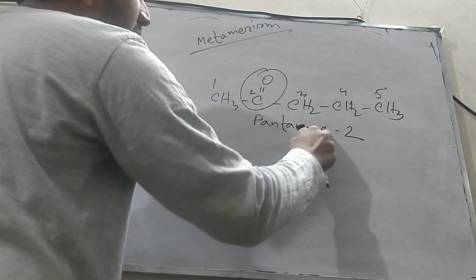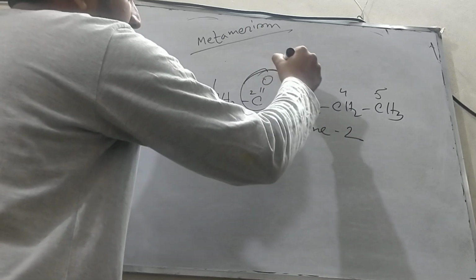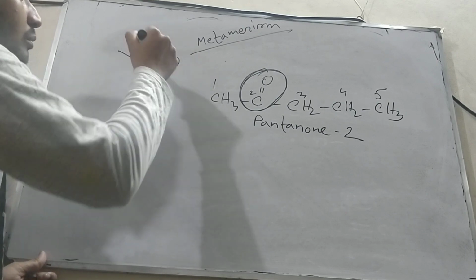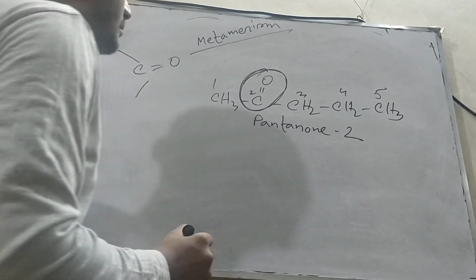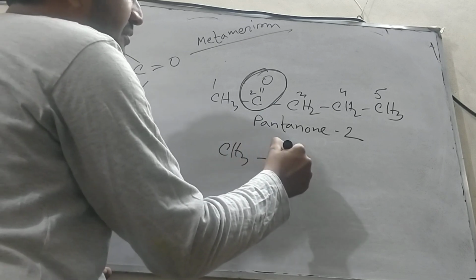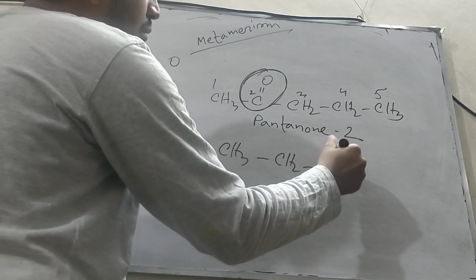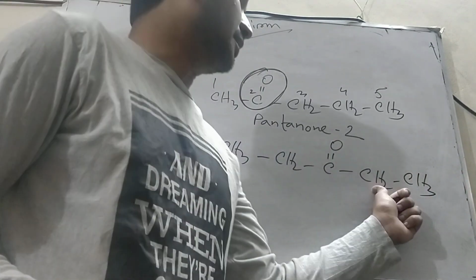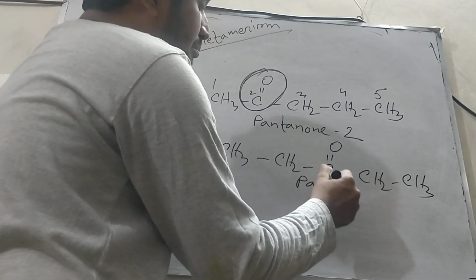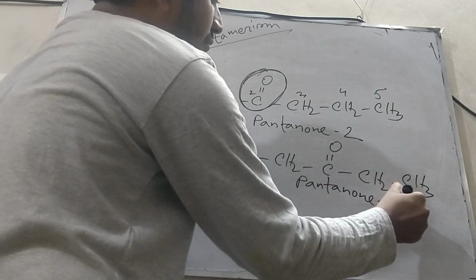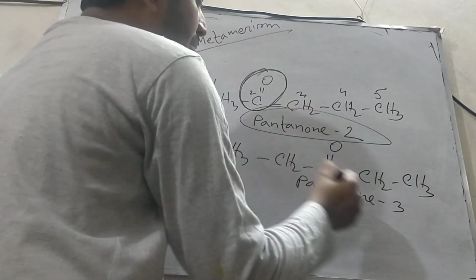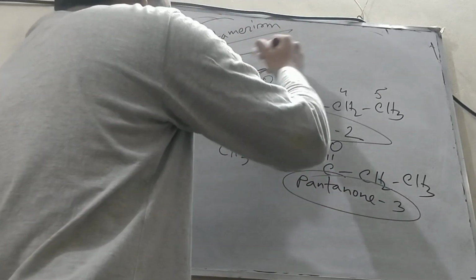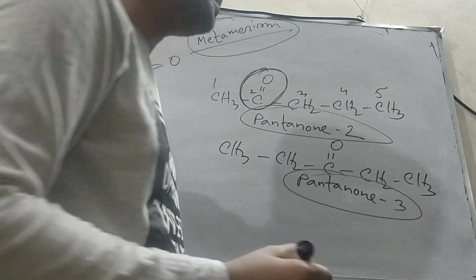That's why it's said pentanone 2, and it has the divalent group of ketone, that is also called carbonyl group. And if you write here CH3, CH2, C double bond O, CH2, CH3, it will be said differently: pentanone 3. So pentanone 2 and pentanone 3 are mutually metamers, and this characteristic is called metamerism.